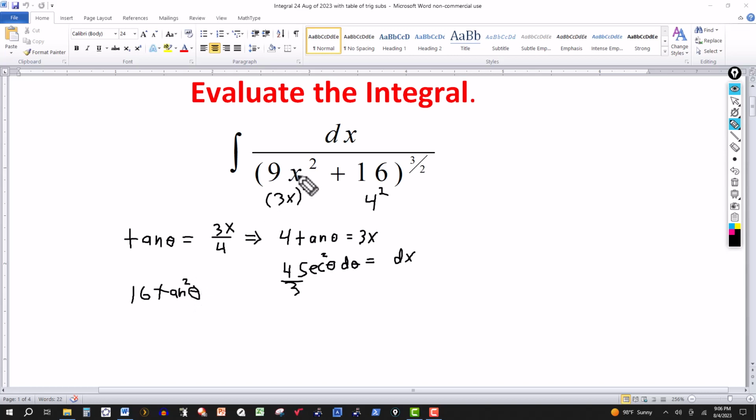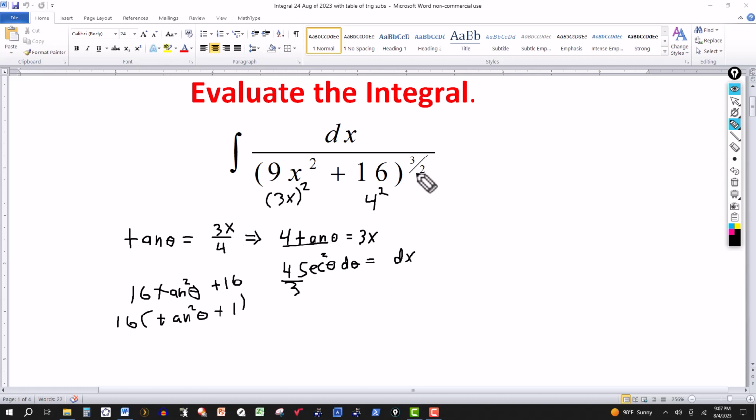So I'm making a substitution here. For the 3x, I'm replacing the 3x by 4 tangent theta, but then it has a square there. So I get this, and then I've got plus 16. Now I'm going to factor out the 16, and I'm going to get tangent squared theta plus 1. Remember, this is to the 3/2 power here.